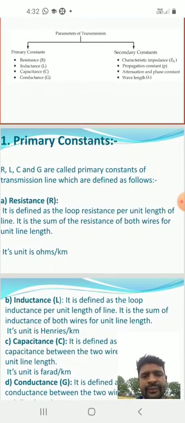Primary constants: resistance, inductance, capacitance and conductance are called the primary constants of a transmission line, which are defined as follows. A, resistance. It is defined as the loop resistance for unit length of line.